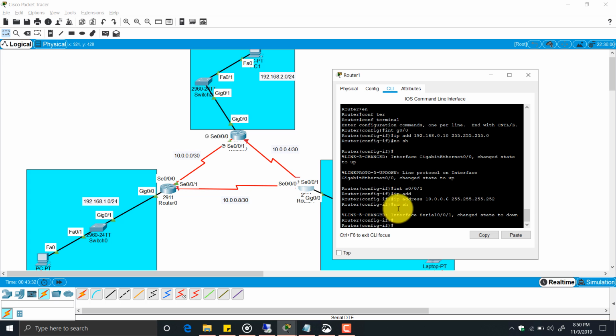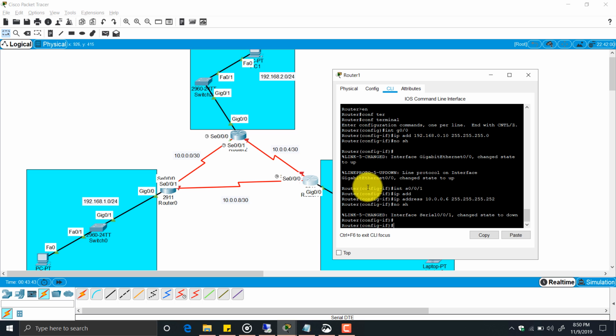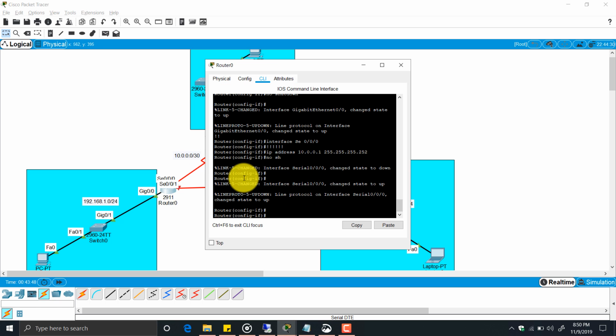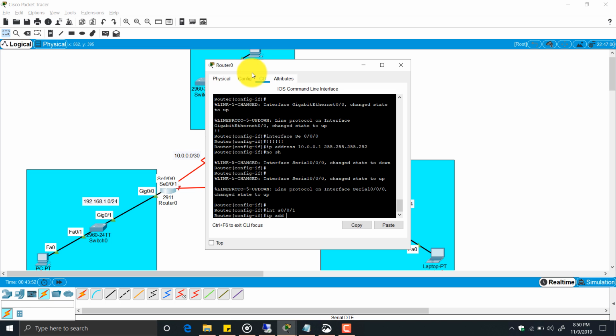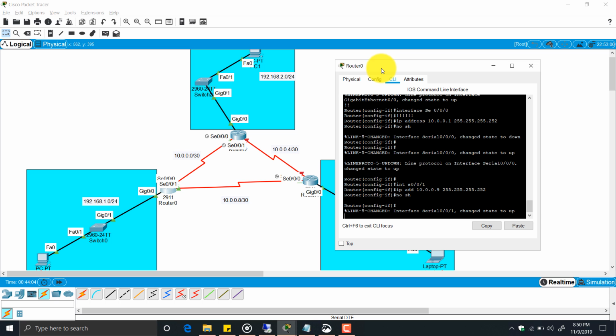So this was supposed to turn it on, but okay, I'm going to check it later. And I forgot to configure this one, interface serial 001, IP address 10.0.0.9, 255.255.255.252, no shutdown.